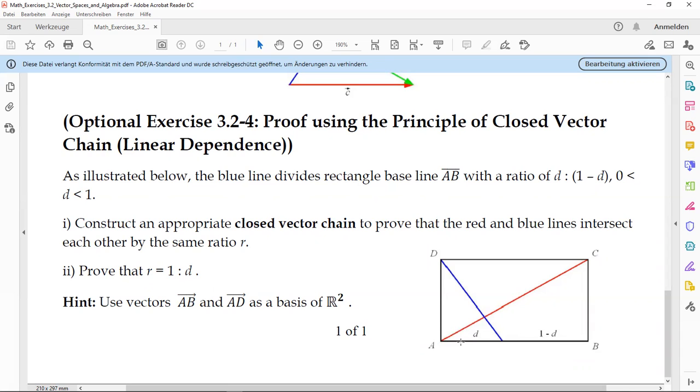So now we are asked to use the principle of closed vector chain, which is something rather special, to prove that the blue and the red line intersect each other by an unknown ratio r, which is the same. Which means not the same as D by 1 minus D, but in this sentence it is meant as follows.